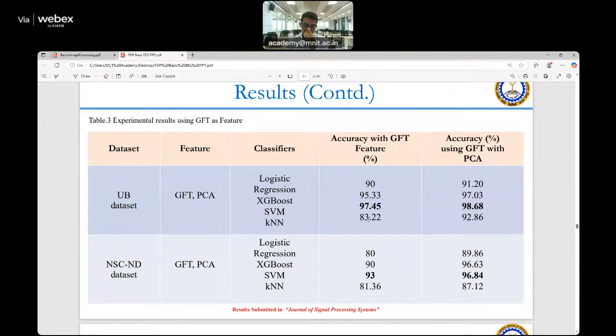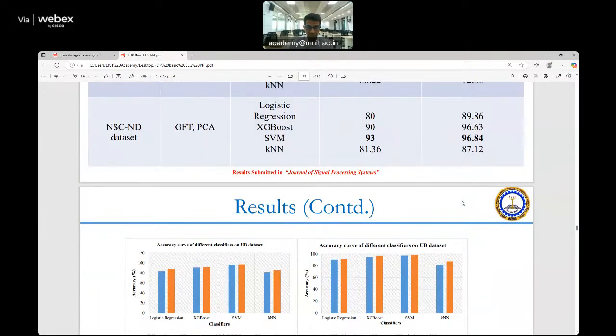If you notice, with the GFT it is 97.45 and we use the PCA also. Definitely PCA will require more processing, more cycles. But when we do it, our length is reduced, and it also provides a benefit in reducing the components as well as improving the accuracy.